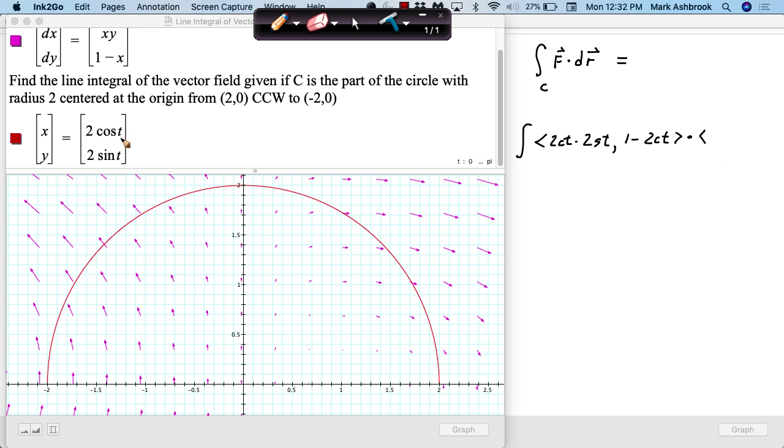He wants negative 2 sine t, 2 cosine t. Agree with that? Yeah, so that's dr dt, and if we want dr, we multiply by dt. We get just dr. So it's going to be negative 2 sine t and 2 cosine t dt.